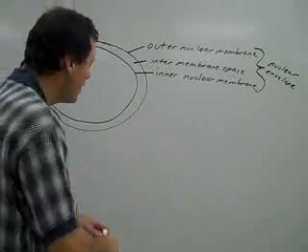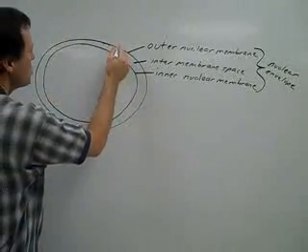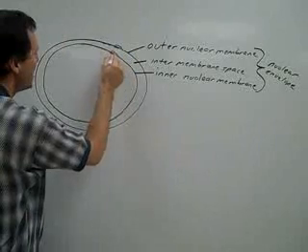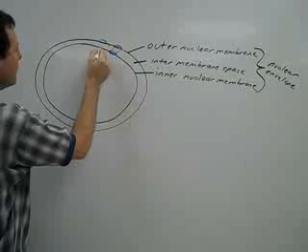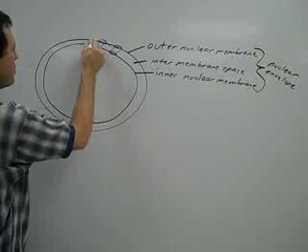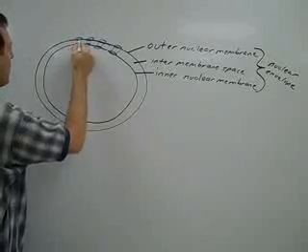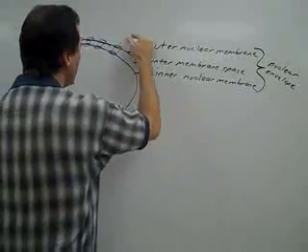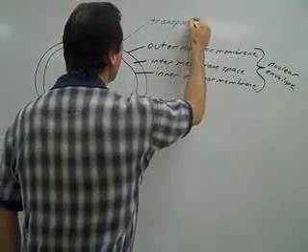Now, within this nuclear envelope, we have transport proteins. And these transport proteins span the entire width of the nuclear envelope. There are also other proteins embedded in the nuclear envelope, but these are the ones that we're going to talk about today. So let's give them a name. These are transport proteins.